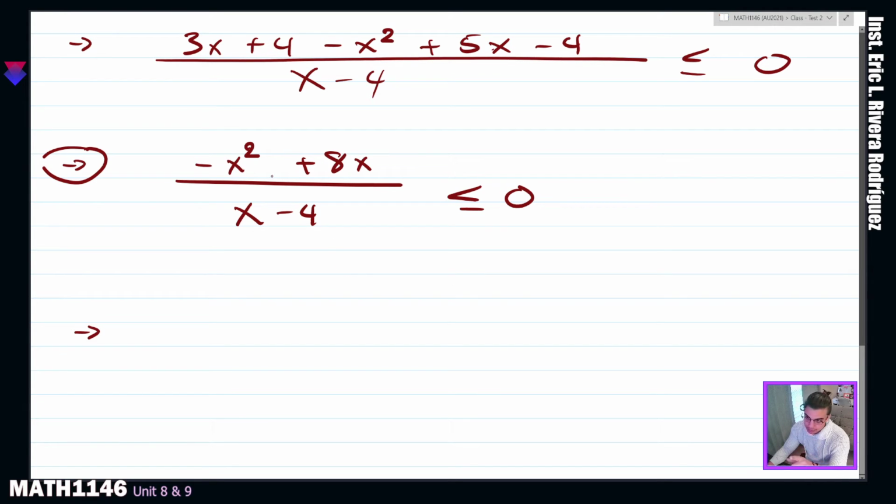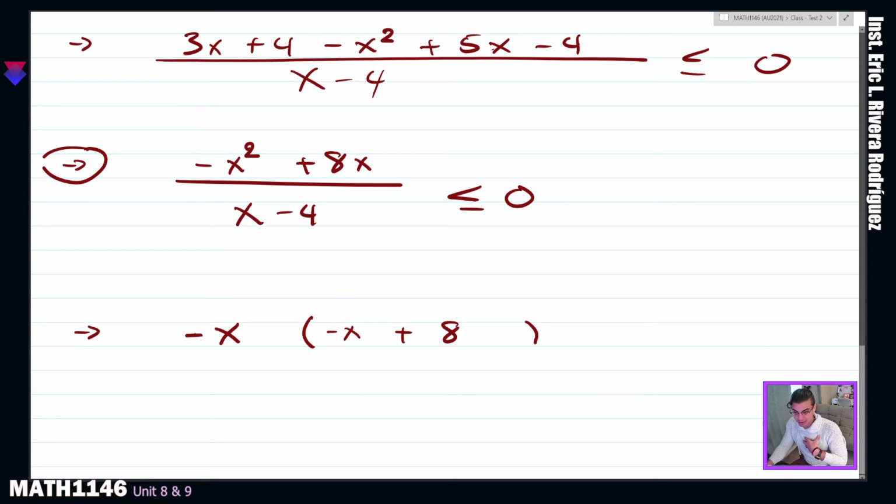I see that there is a common factor in the numerator. That common factor is x. Just factoring out x from the numerator, I'm going to have a second factor with negative x plus 8. I do not like having a negative in front of my leading term, so I'm going to factor out the negative also.